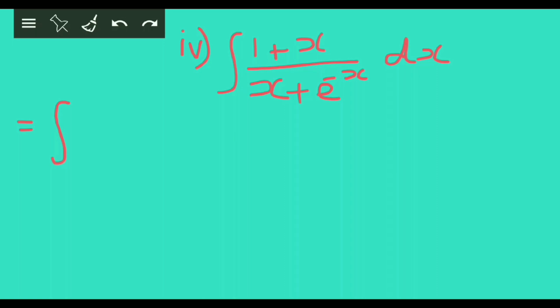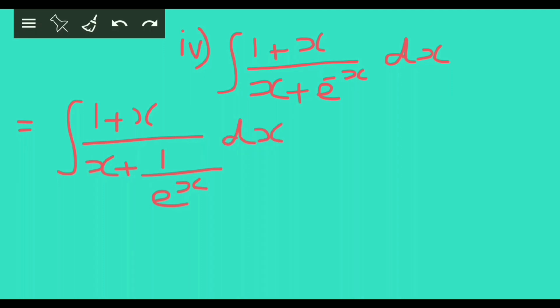When it comes to the denominator, e raised to minus x can become 1 upon e raised to x. So this step we are going to use first of all. Okay, so first we are going to write e raised to minus x this way. So it becomes 1 plus x upon x plus 1 upon e raised to x.